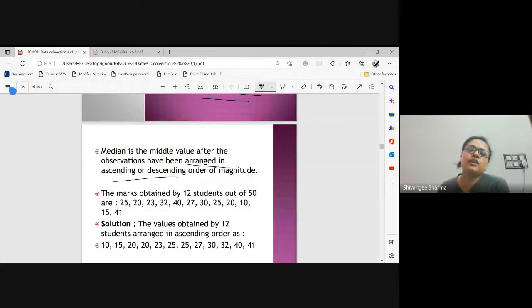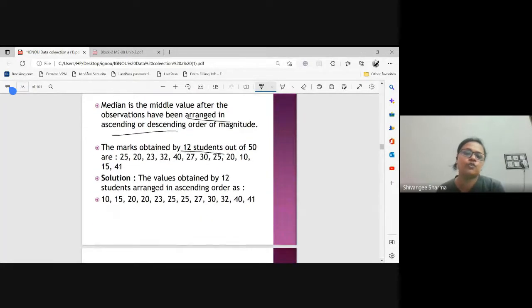Okay, so for example, there are 12 students whose marks are given, 25, 20, and so on, and you have to find the median of these 12 students. Then you can arrange this data in either ascending or descending order, in whichever order you feel like. Here it is arranged in ascending order, right?